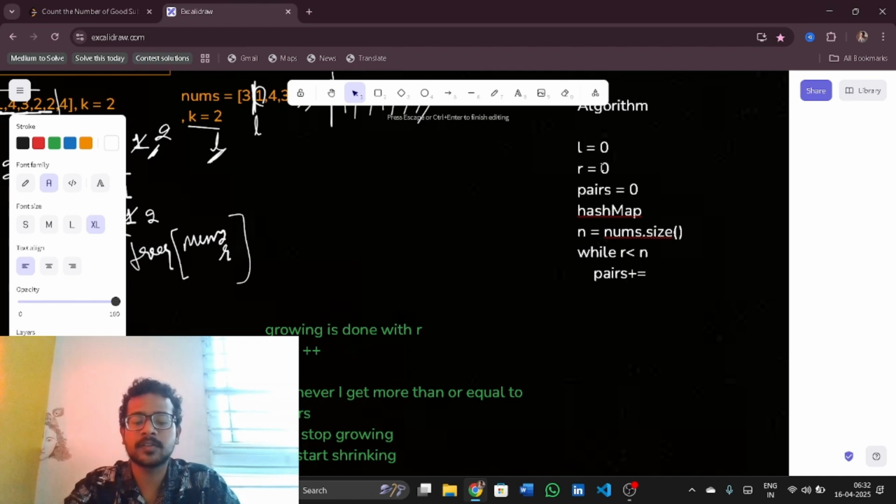So pairs plus is equal to frequency of nums of R, and the hash map I'll name as frequency.